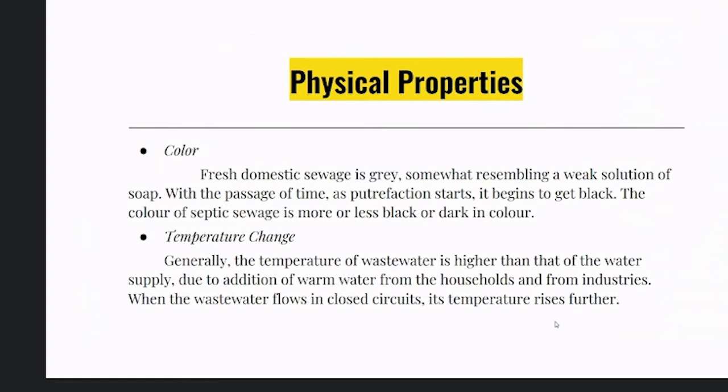With the passage of time, as putrefaction starts, putrefaction ito yung pagdedecay, it begins to get black. The color of the septic sewage is more or less black or dark in color. So the color of industrial wastewater depends upon the chemical process used in the industries. Industrial wastewater mixed with domestic sewage may also add color to it.